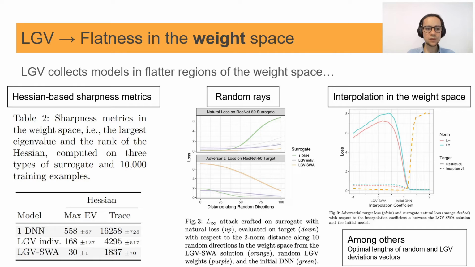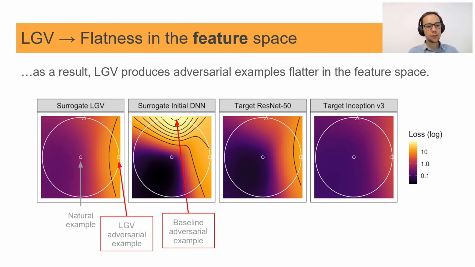First, we show that LGV does collect models in flatter regions of the weight space using three different techniques. As a result, LGV produces adversarial examples that are flatter in the feature space. Here we produce a disk defined by three points: a natural example, an LGV adversarial example, and a baseline, or one DNN, adversarial example.